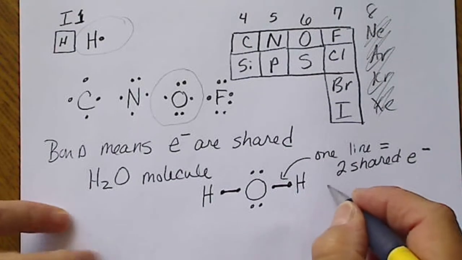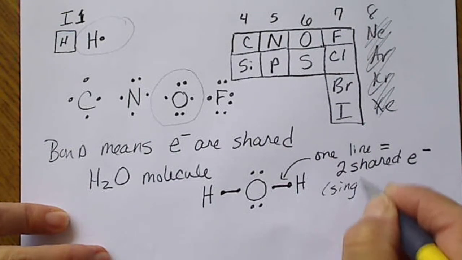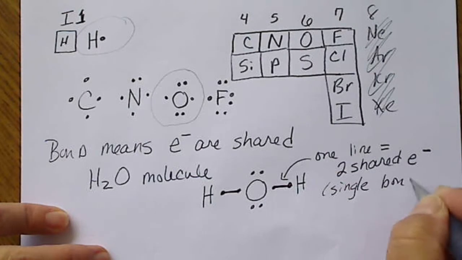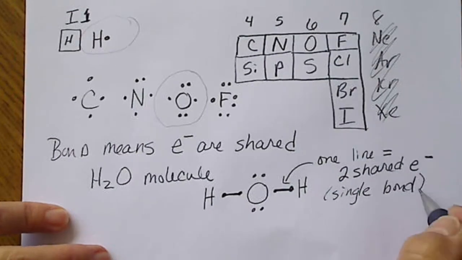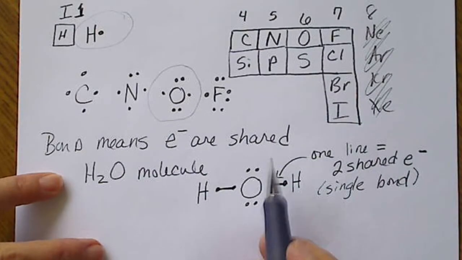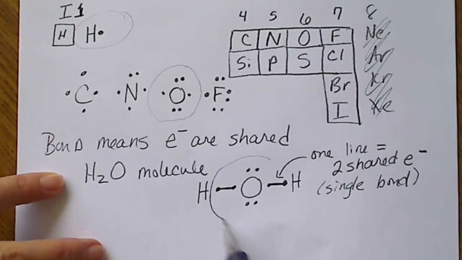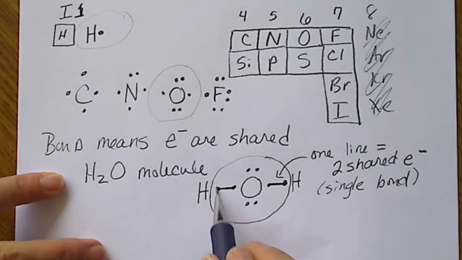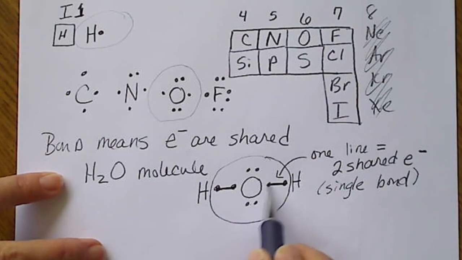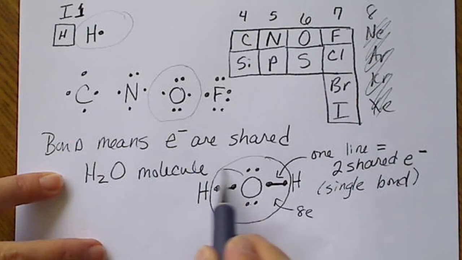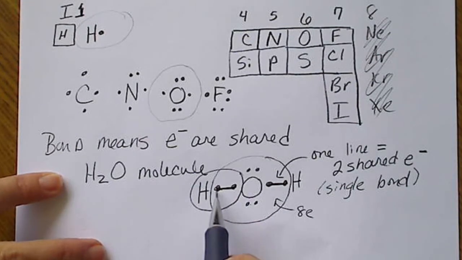And 1 line, we're going to call that a single bond. And if we look back at this molecule, everyone's happy now because oxygen now has 2, 4, 6, 8 electrons around it, and each hydrogen has 1, 2 electrons around it.